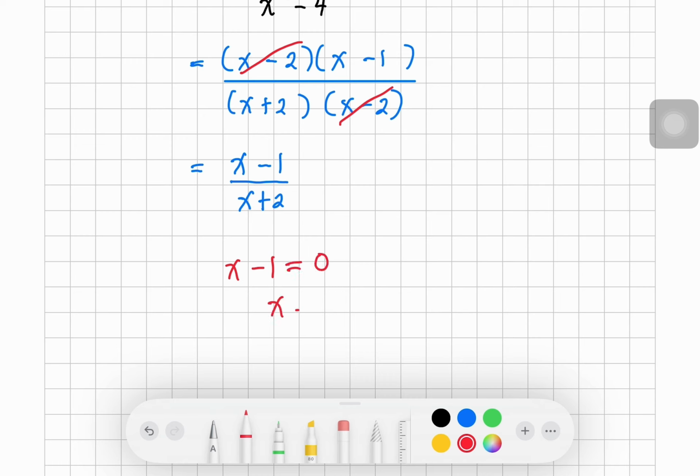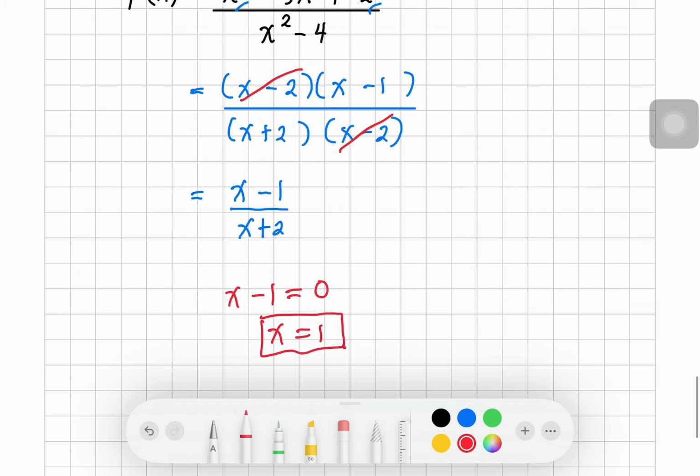It will become positive 1. So kapag yung value ng x natin ay magiging 1, 1 minus 1 equals 0. Then 1 plus 2 equals 3. So 0 over 3, that gives us the zero of the function. Okay? Ganun lang kasimple.